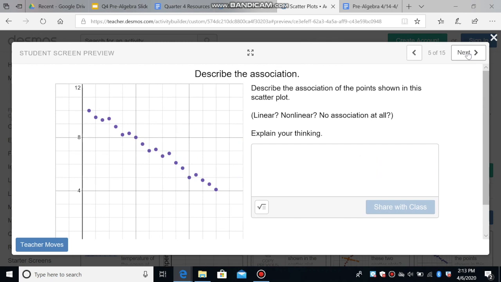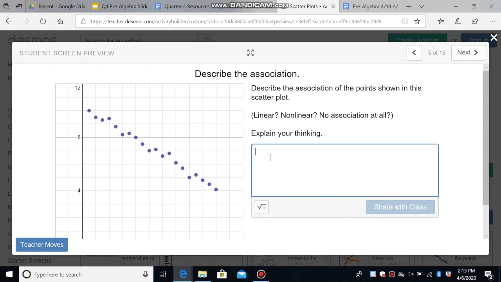Describe the association of the points in the scatter plot. Again, you want to use these precise languages. When I look at this diagram in the scatter plot, it looks like all of my points follow this pattern, and that pattern looks like a line.